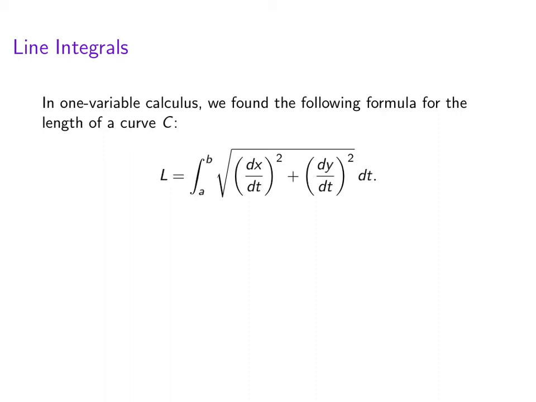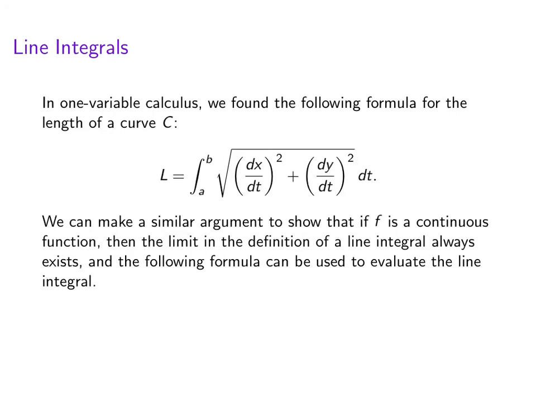Now remember, in one variable calculus, we came up with this formula for the length of a curve. We have the integral from a to b of the square root of dx by dt squared plus dy by dt squared, integrated with respect to t. So we can make a similar argument to show that if we have a continuous function f, then the limit in the definition of a line integral will always exist, and we can use the following formula to evaluate line integrals.